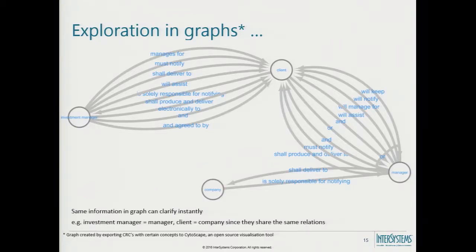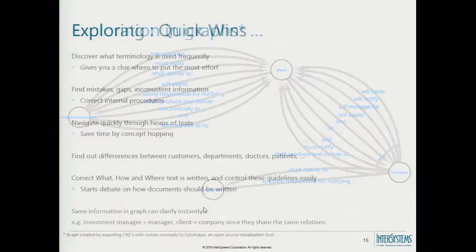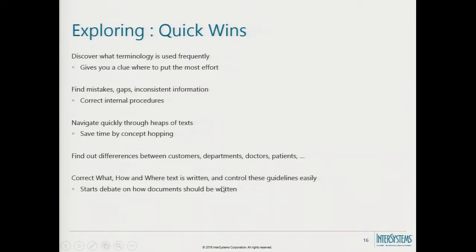So immediately in one glance they could see what concepts are used a lot, and how they are related to each other. Showing this in a graph is a lot more helpful than just giving them a list of concepts. So already in this phase, although in my use case I want to create those rules, this gives me some quick wins that I can use.